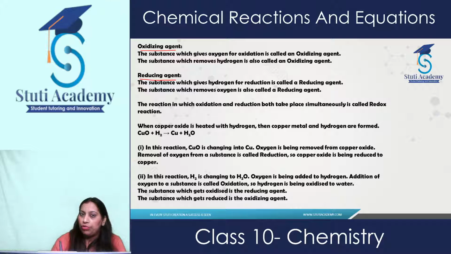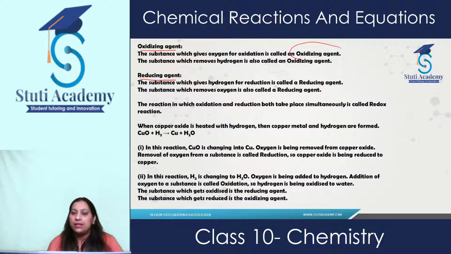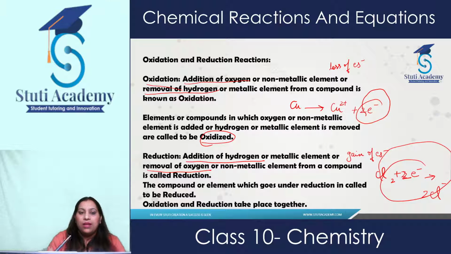Just now I told you, when any oxidation reaction takes place, if from any particular element or compound oxygen is removed or hydrogen is removed or loss of electrons is there, that substance is known as oxidizing agent. If you see here, loss of electrons takes place from copper. So copper is the oxidizing agent in this reaction.